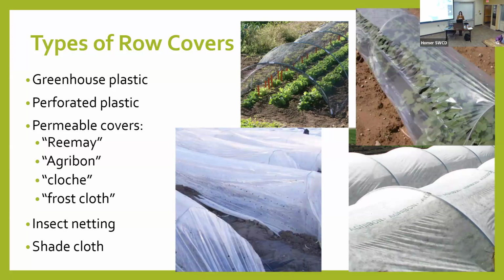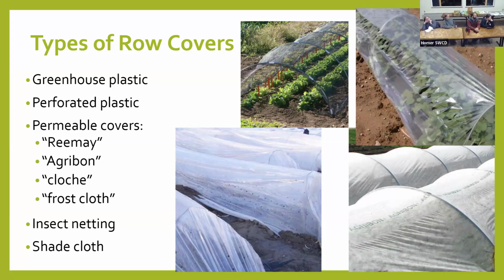And then there's mesh, which is the top left. And I don't know very many people in Alaska that use these. A few people, I think down south, with flea beetles and some of the thrips and things that we don't have so many issues with here, use the bug netting, but I don't know many people that use that here.